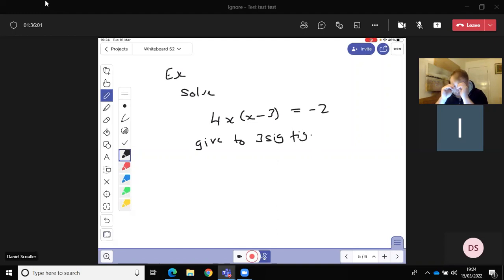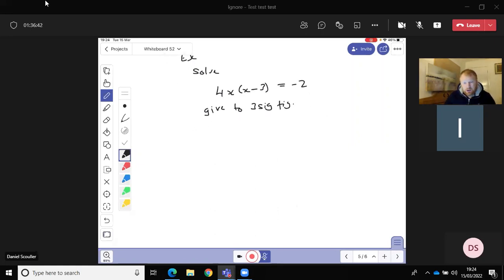What's a wee bit problematic with this is that it doesn't immediately jump out at you as a trinomial, as a quadratic, because there's no x squared term, and it doesn't end with 0 on the right hand side. So what it's looking for us to do is to expand that bracket, bring the 2 back over, equate it to 0, and then solve as normal.